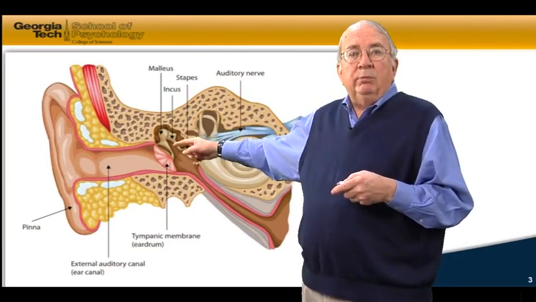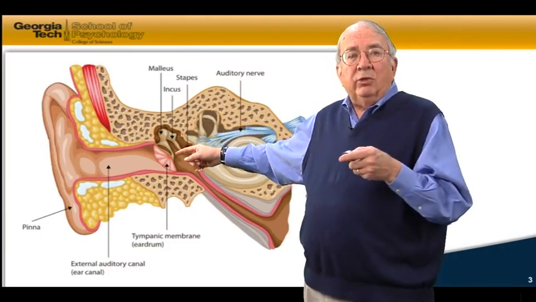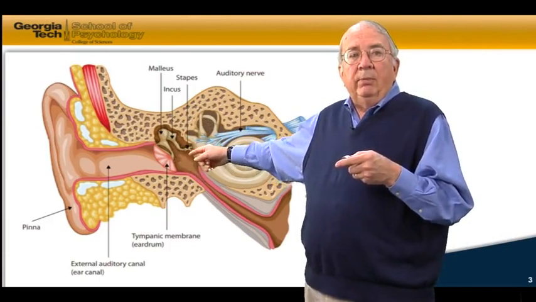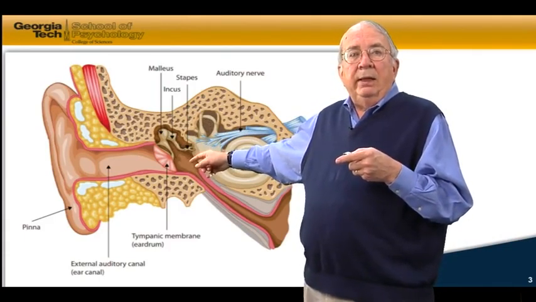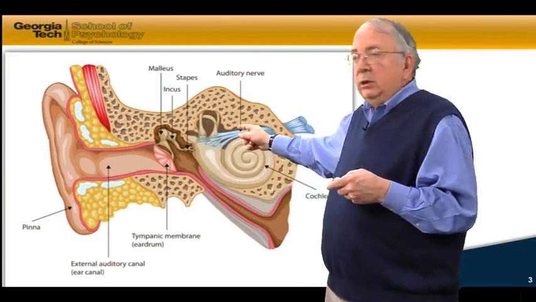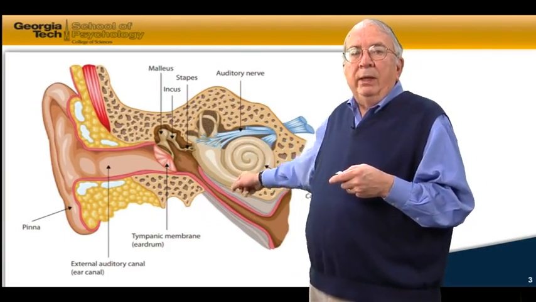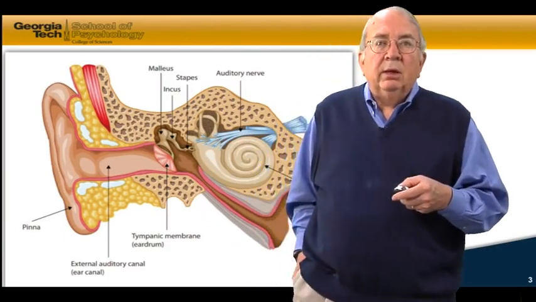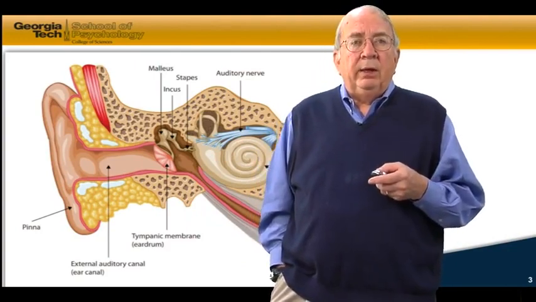Then it goes to the smallest bones in the body, the ossicles, which mechanically transfer the information from the eardrum into the beginning of the cochlea, a window that moves back and forth and causes chemical fluids in the cochlea to vibrate and produce changes that really are simulations of the air pressure waves.